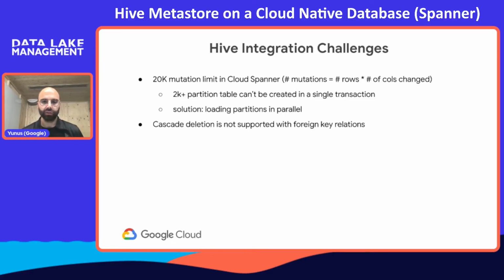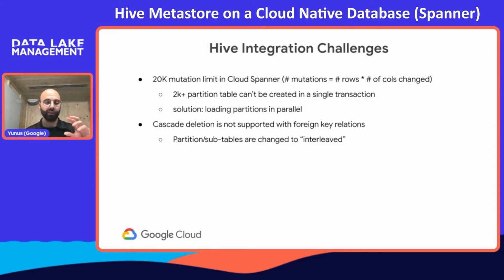Cascade deletion when you have foreign key relations is not supported in Spanner directly with foreign keys. The only way to support them, for the time being, is by using subtables, which we call interleaves in Spanner. What that means is that you have a table with a foreign key relation to another table.